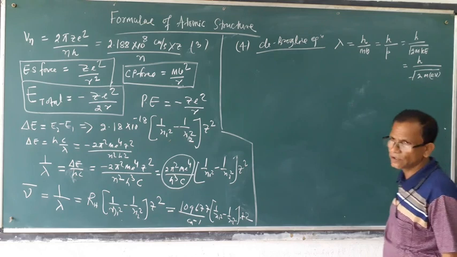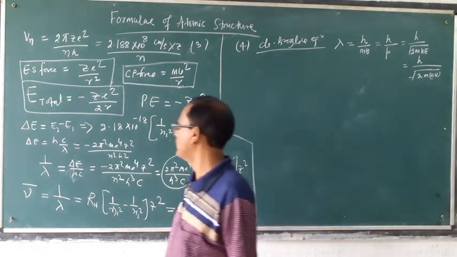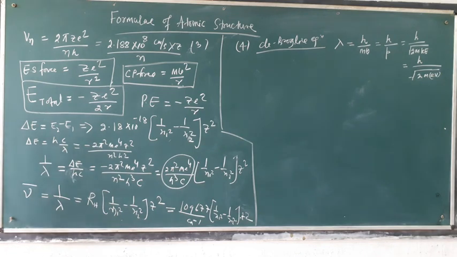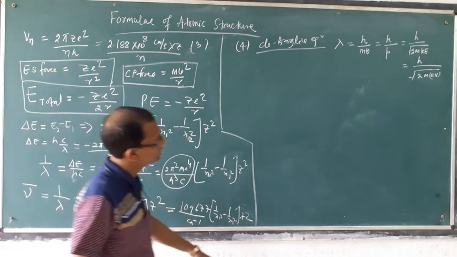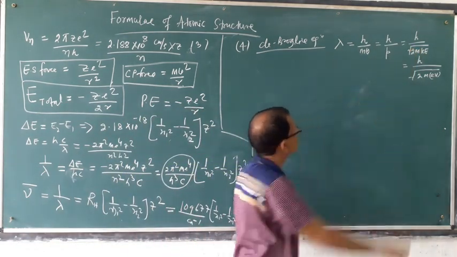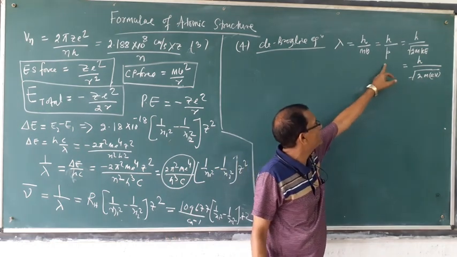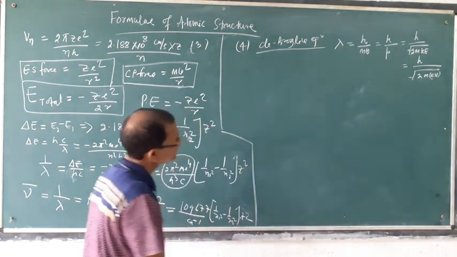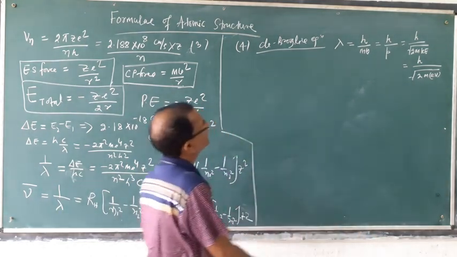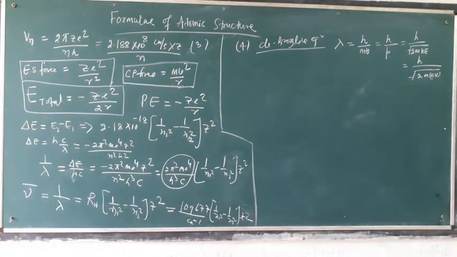What is eV? Electron volt. You put the value of energy in terms of electron volt. This is the De Broglie equation in terms of kinetic energy, converted into electrical energy.